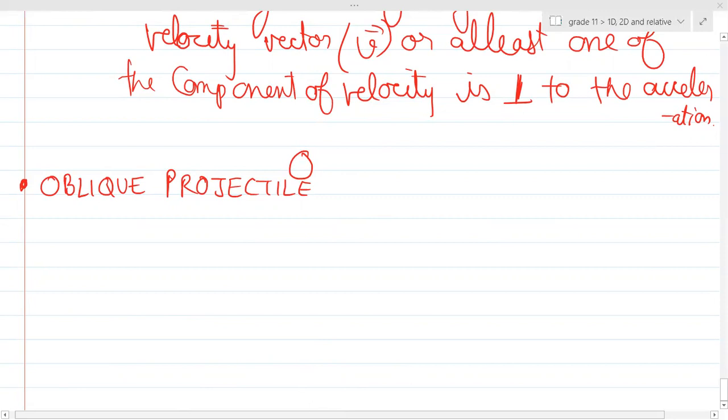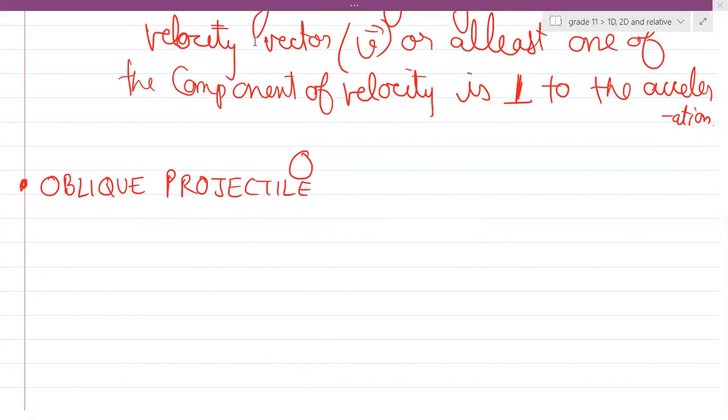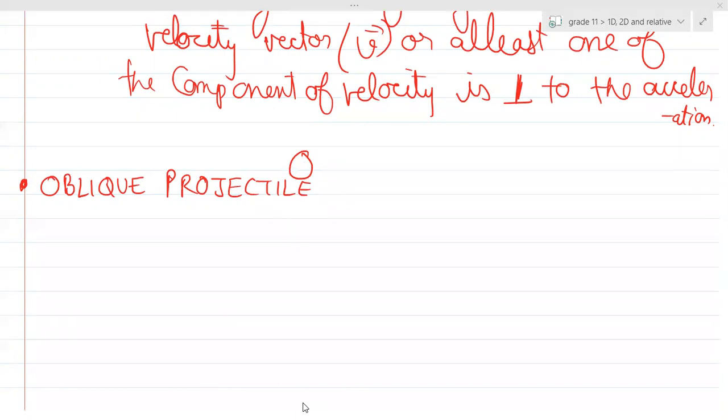So where is the Chrome? Guys, just give me 2 minutes. Projectile motion. Images. I'm getting only horizontal.